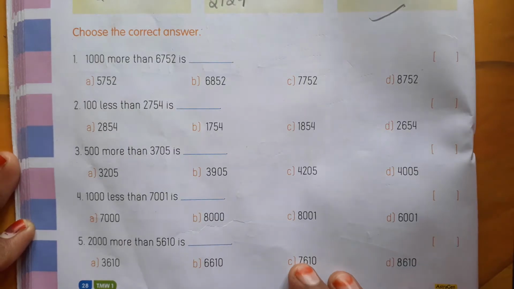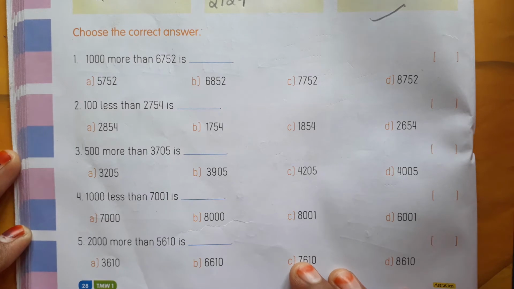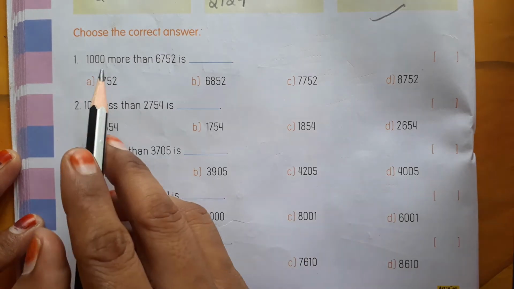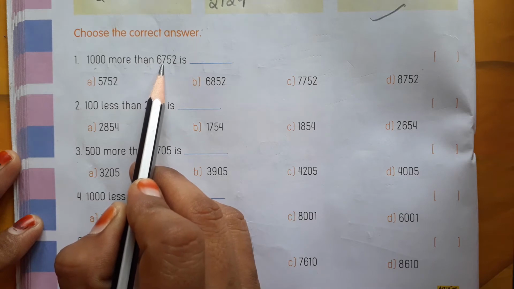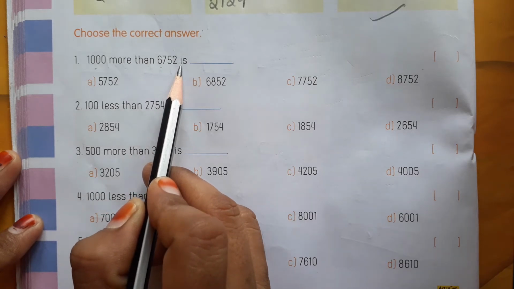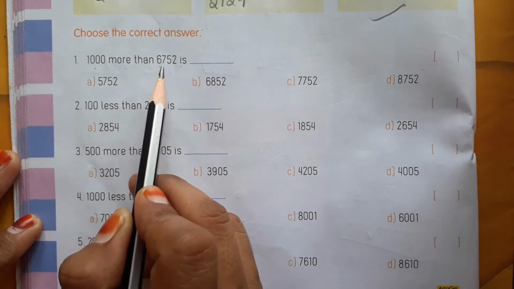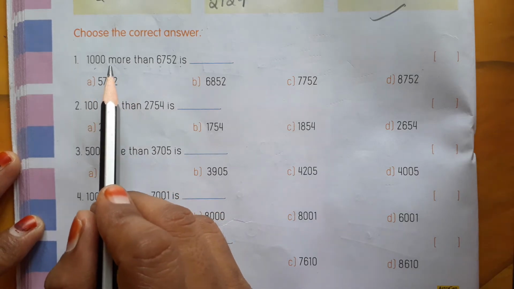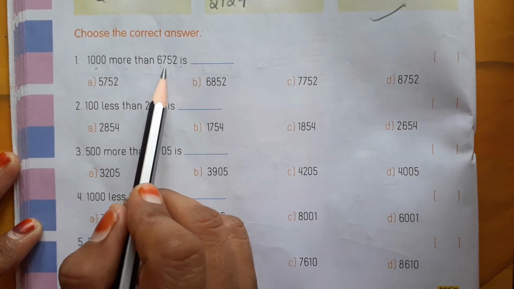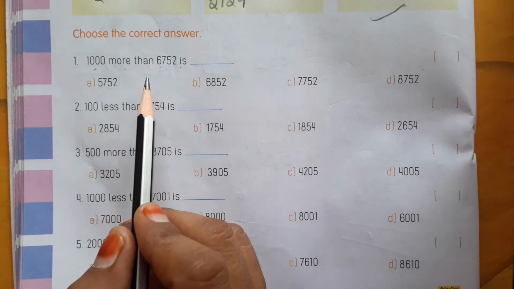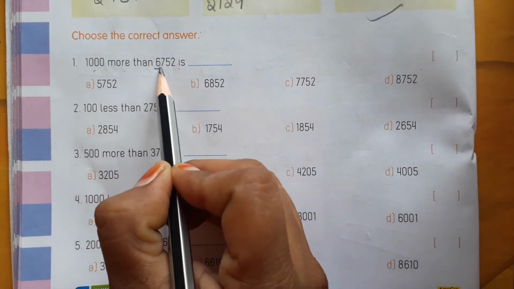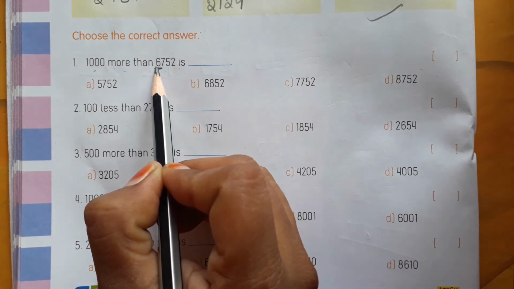Next look, choose the correct answer. 1000 more than 6752. What is that number? That number is 1000 more than this number. So here how much is adding? 1000 means the thousands place increases by 1.